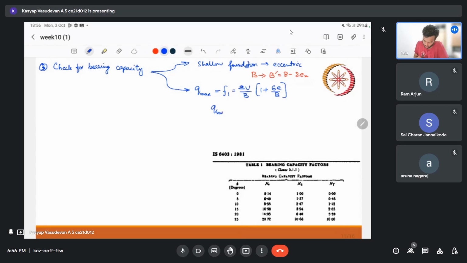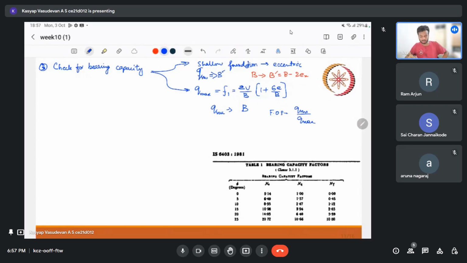But here I should find the Qnu from B dash, that is our capacity from B dash. That I have to remember. If I'm using the updated base, I have to use the shallow foundation. So either of these methods. Here my factor of safety will be Qnu by Qmax.